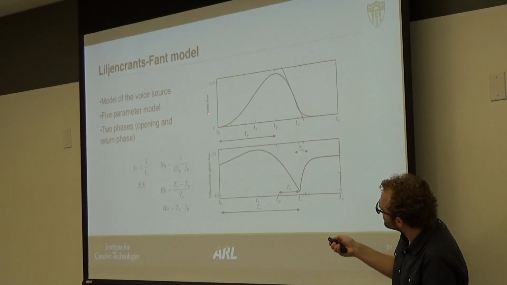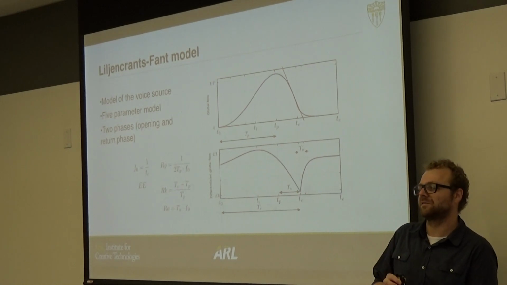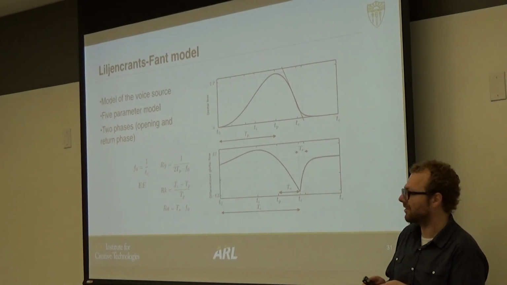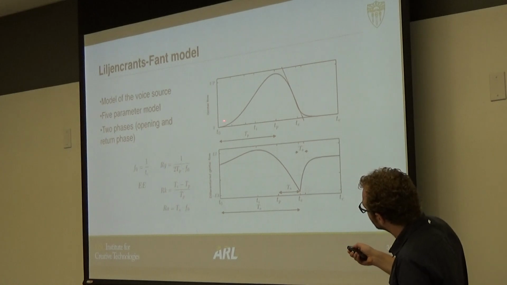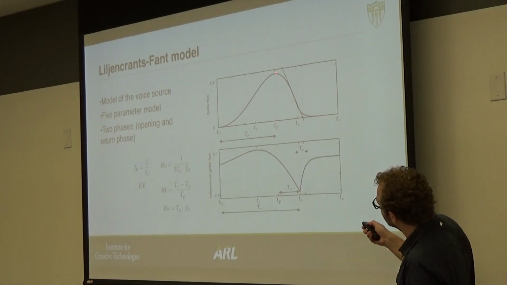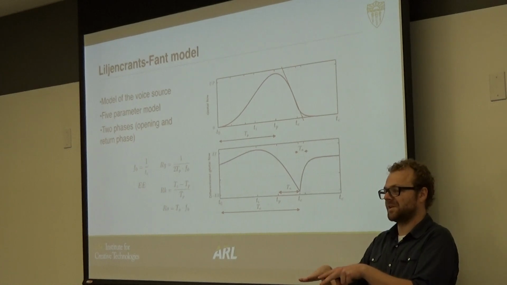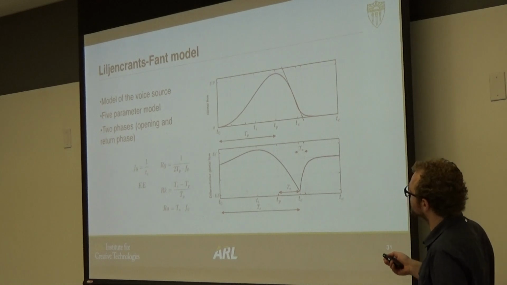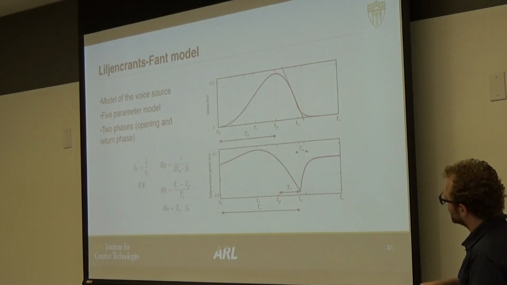This is basically glottal flow. Glottal flow means how much air is going through the vocal folds right now. It reaches the most airflow when the vocal folds are open the widest, and then they close again.